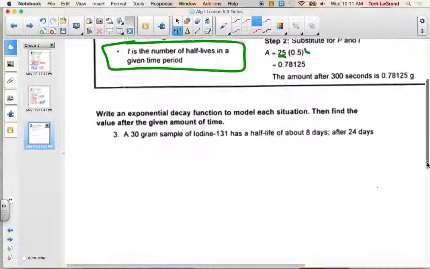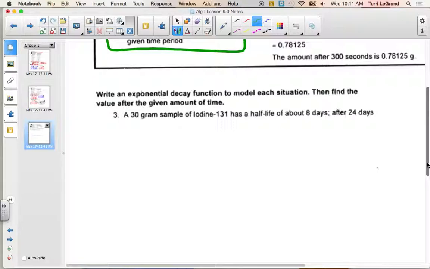Okay, so let's try an example. Again, two things are going on here: write a model, and then do it after a given amount of time. In our model, the only thing that's going to get replaced is the p-value. So we need a p-value. What's our p-value for 30?